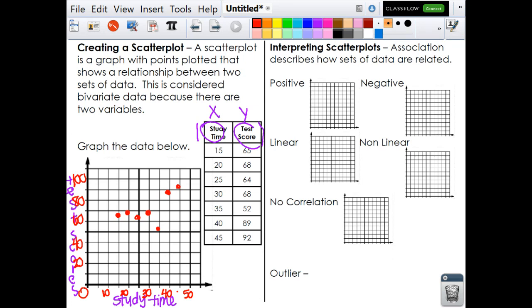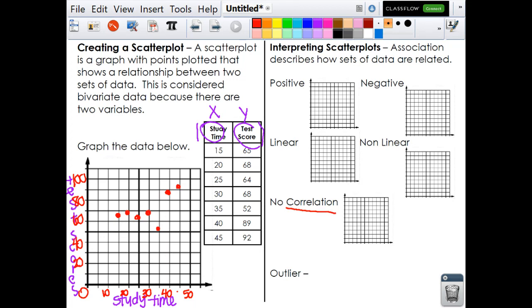All right, interpreting scatter plots. The association describes how sets of data are related. What these are called are correlations. Okay, so it's how the x and y value are related to each other. You can kind of get that it's called correlation when it says no correlation down here.